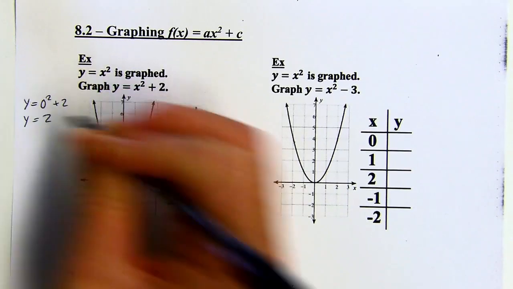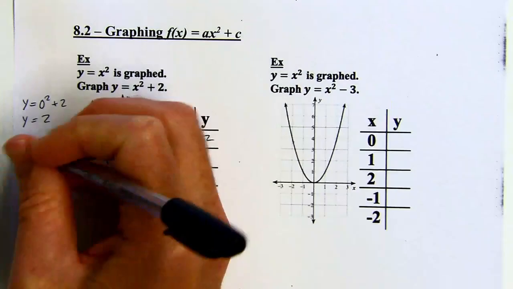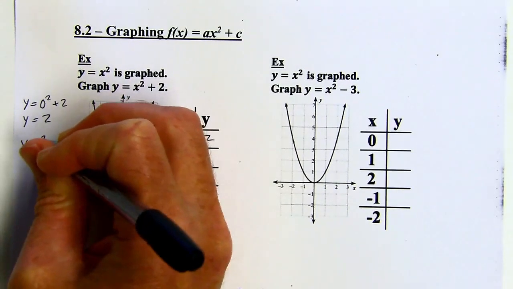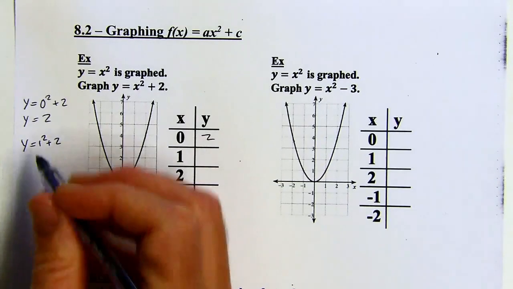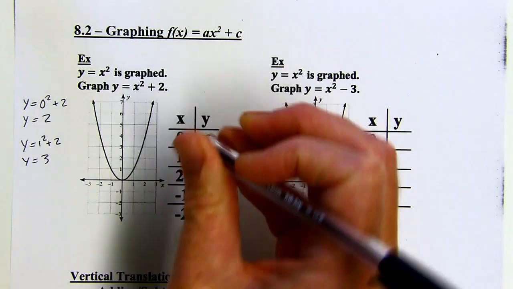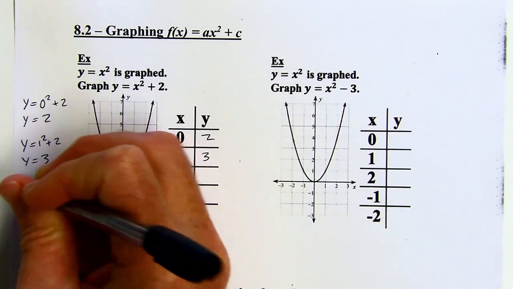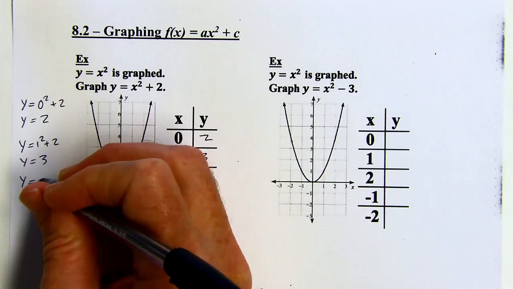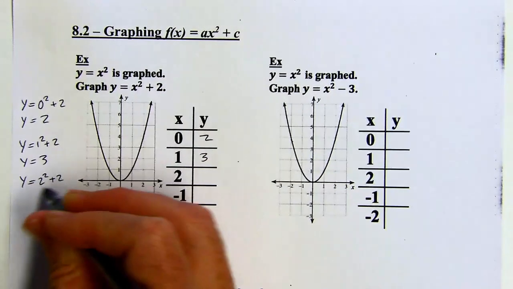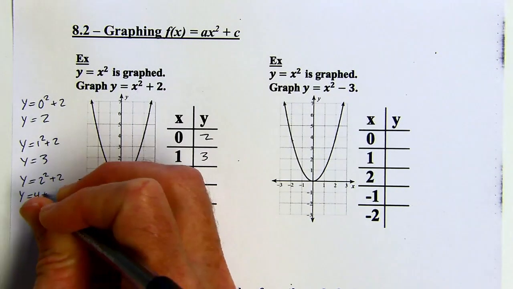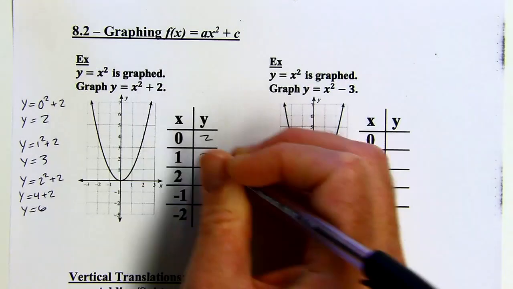That's 0 plus 2, so that's 2. Okay? When I plug in 1, I've got 1 squared plus 2. That would be 1 plus 2, which is 3. When I plug in 2, I've got 2 squared plus 2. That would be 4 plus 2, which is 6.